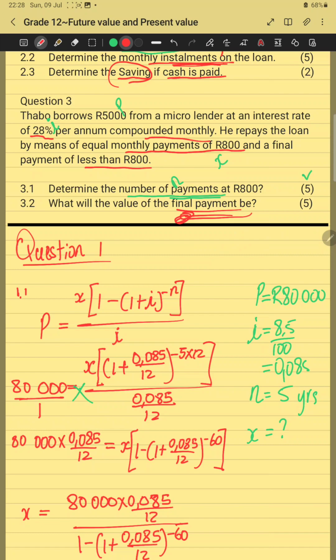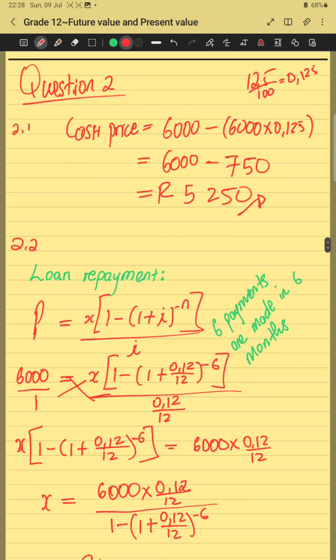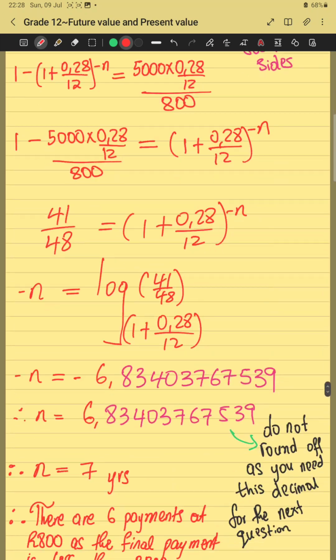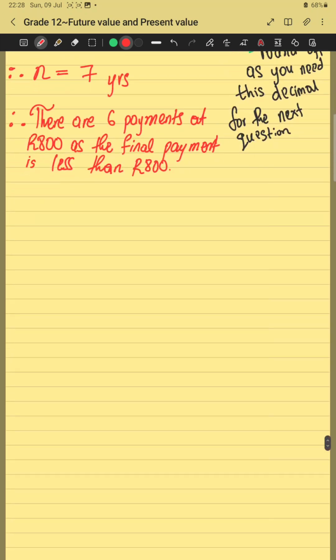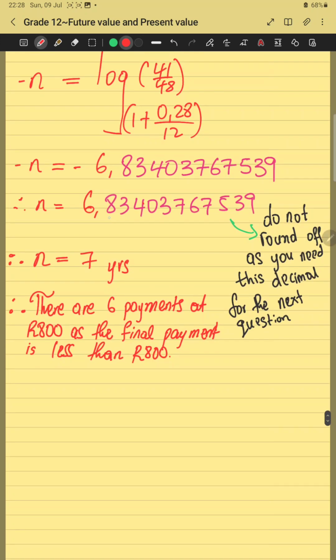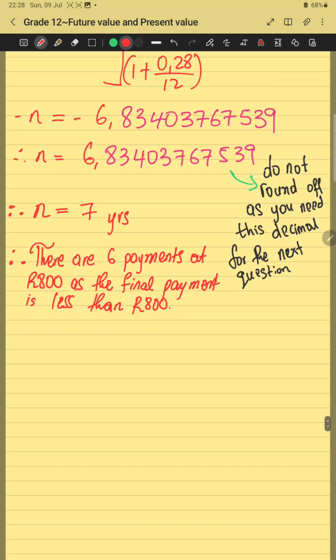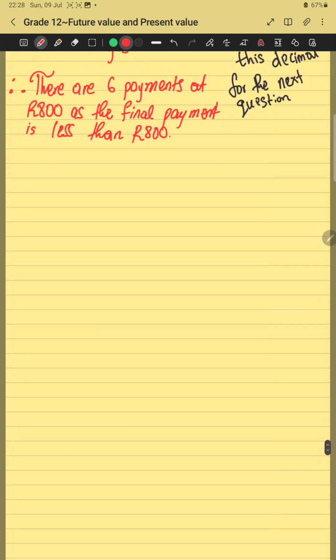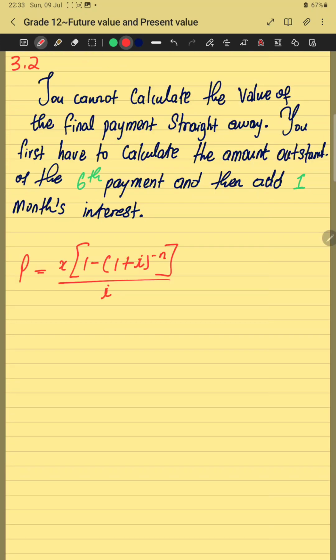How are we going to get the outstanding? We're going to use the present value formula. But when we calculate the outstanding, we're going to use these digits here, starting from 8 up to 9 here. So we're going to use this digit after the comma. Then let's write down the formula. Now guys, I choose to write this one down for you.